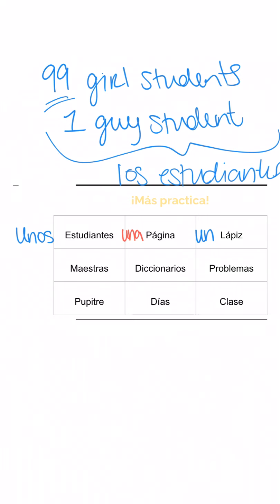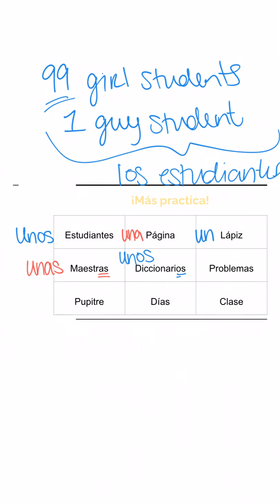Now my next noun, I see maestras, teachers, but it specifies that I'm only talking about female teachers here because I see my AS ending. So I know this is going to be feminine. Unas maestras, or some teachers. My next word, diccionarios, dictionaries, a masculine plural noun, so I'm going to use my indefinite unos, some dictionaries.